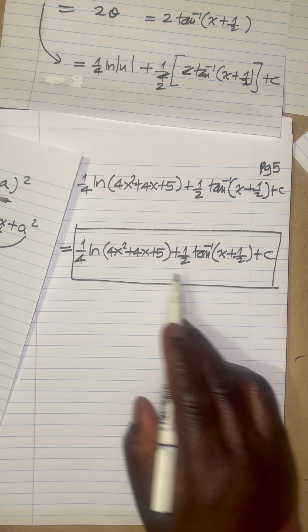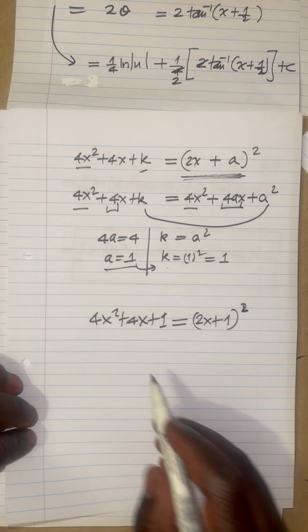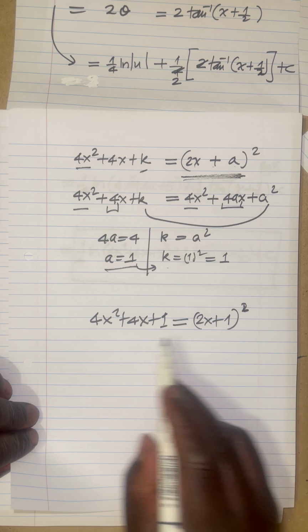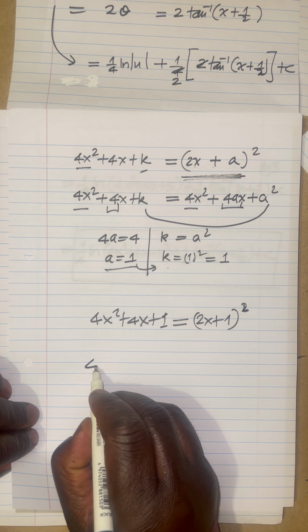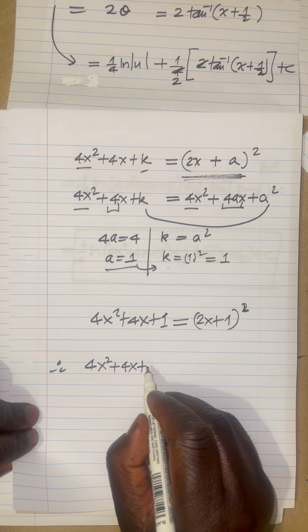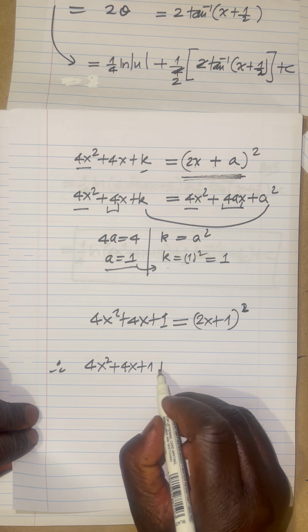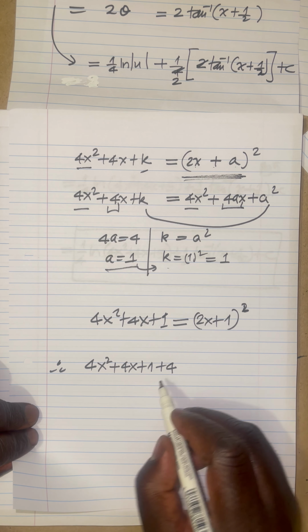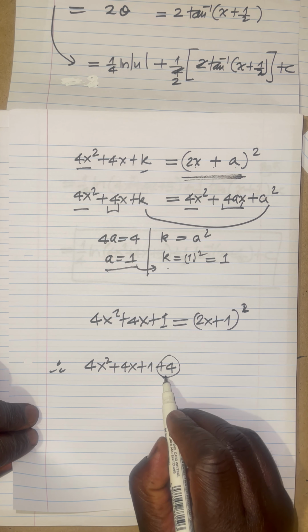So this is what we're getting. But if you look at this expression here, there's a plus 5 here. So we're basically saying 4x squared plus 4x plus 1 plus 4. I'm adding 4 now because I need a 5 there. This is equal to 2x plus 1 all squared plus 4.